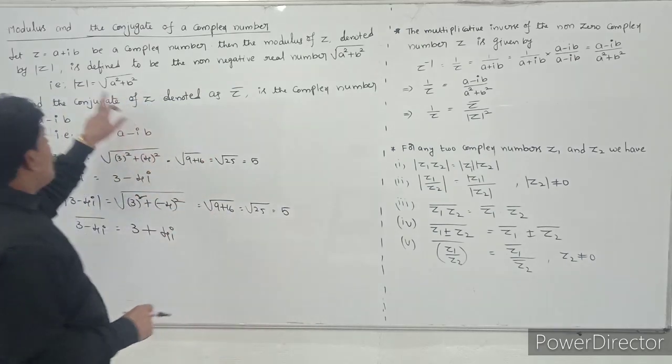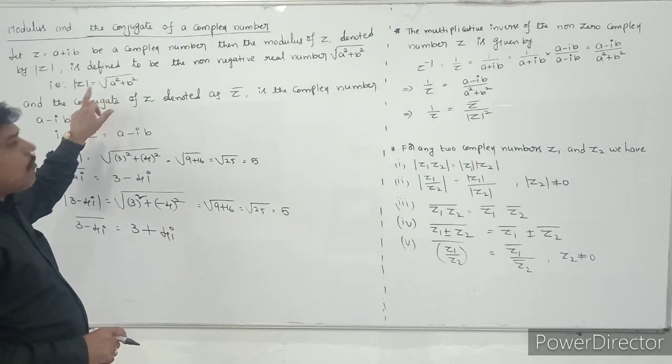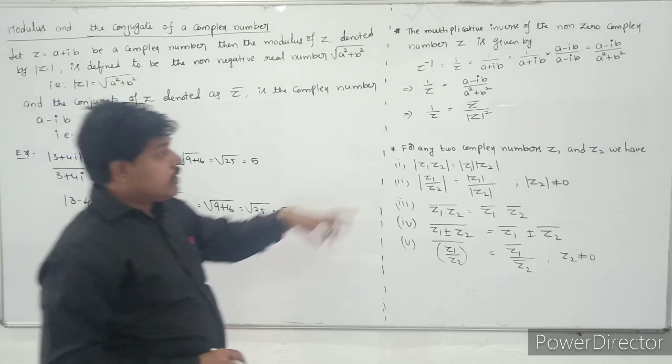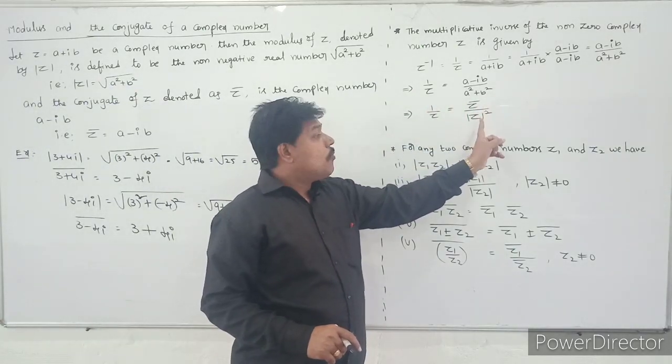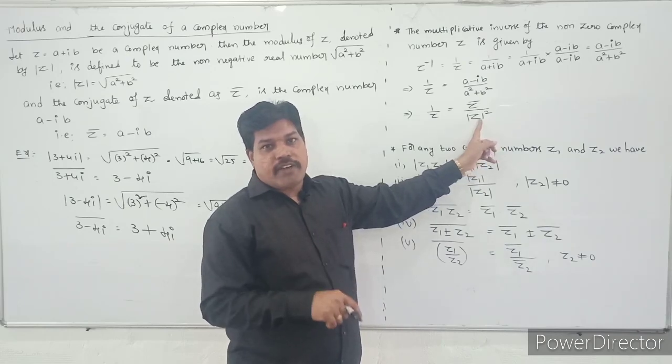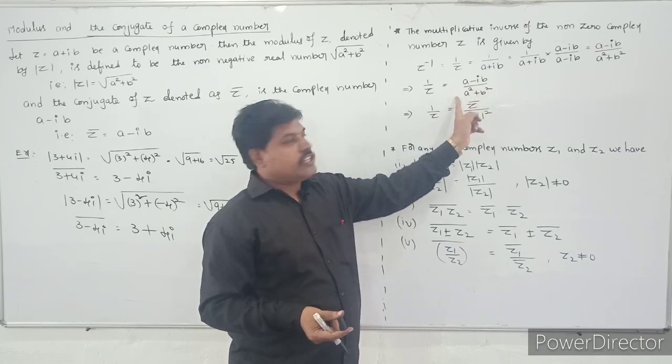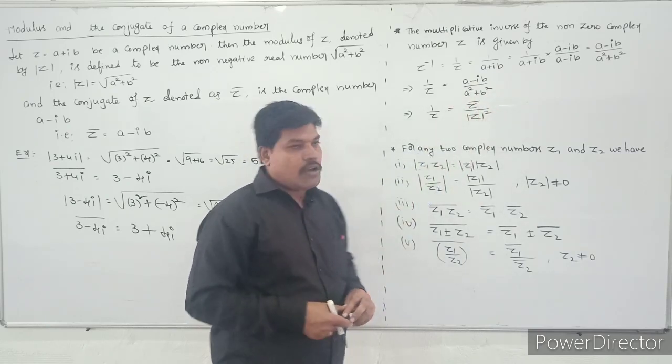Why? Because mod z is root of a square plus b square, so mod z square is a square plus b square. So a square plus b square can be written as mod z whole square.